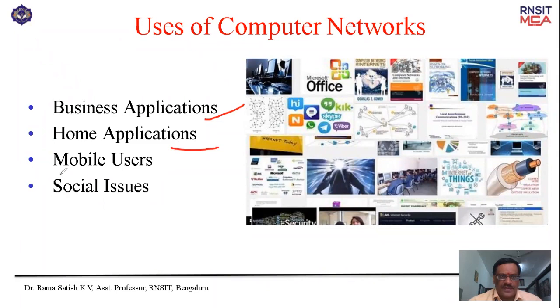Third one, mobile user applications. And along with the uses of networks, there are some social issues also. Social issues are nothing but concerns where you are talking about network problems. That is a thing that you should understand.